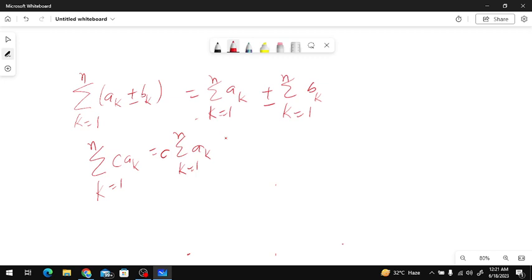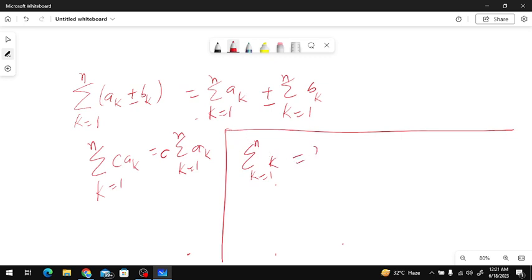Another is the sum of powers of natural numbers. Let's do it here. Sigma, where k starts from 1 and goes till n, of k, should be n into n plus 1 by 2.